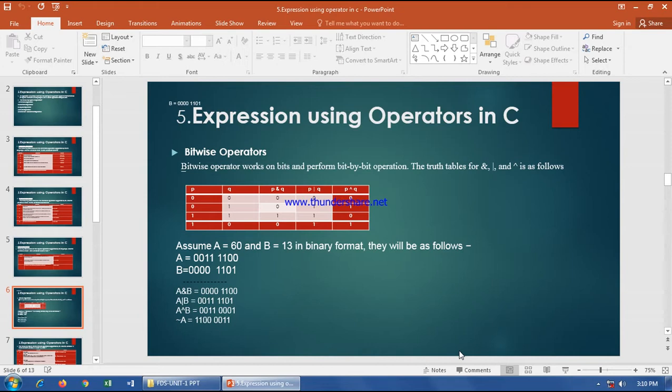So here we can write the binary format for A AND B, which is 0000 1100. A OR B is 0011 1101. A XOR B is 0011 0001. Then the complement of A is 1100 0011. So these are the bitwise operators.